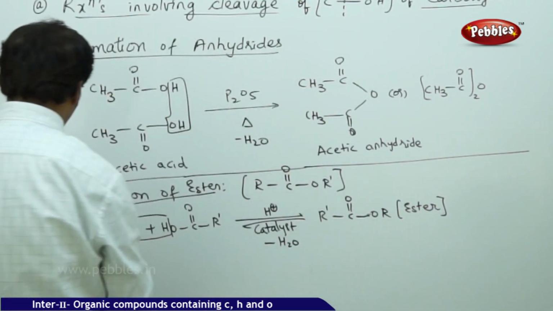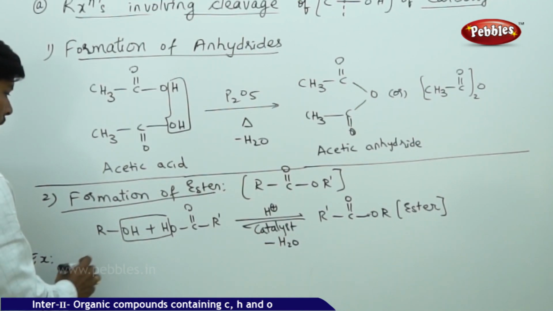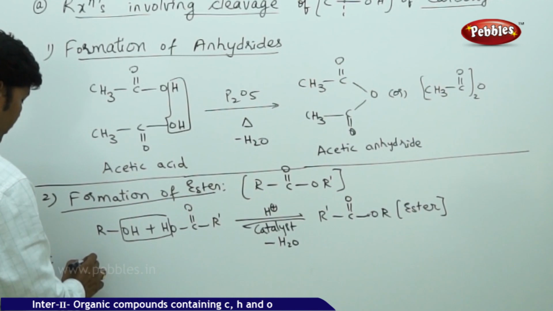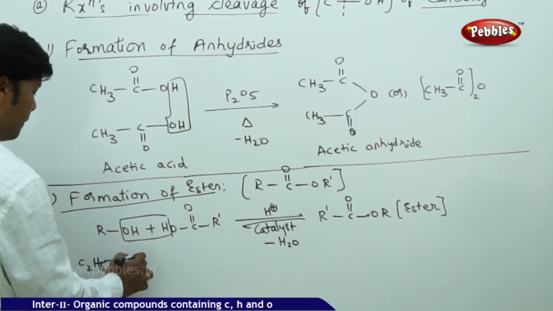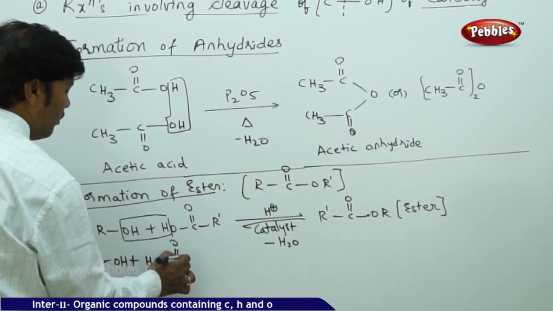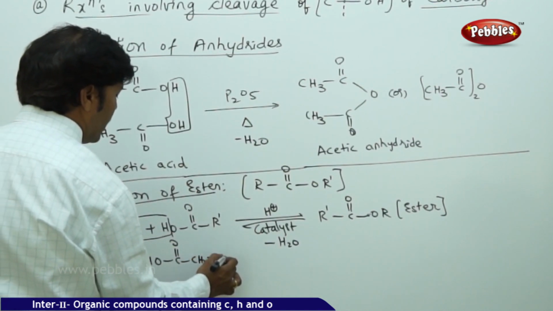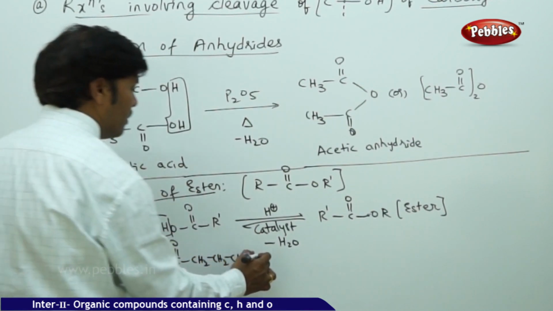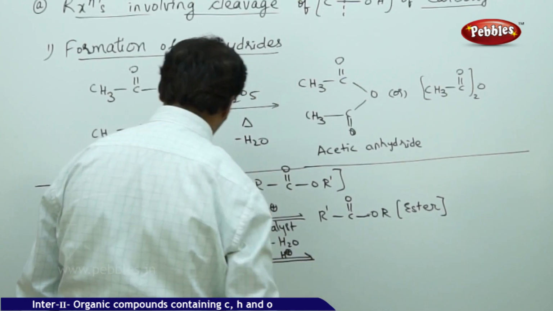Here, take one example. Suppose I take C2H5OH plus H of O of carbon double bond oxygen of CH2CH3, the same acid catalyzed reaction.